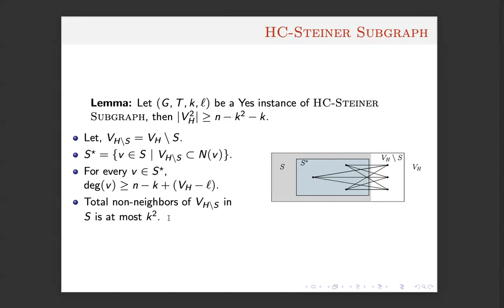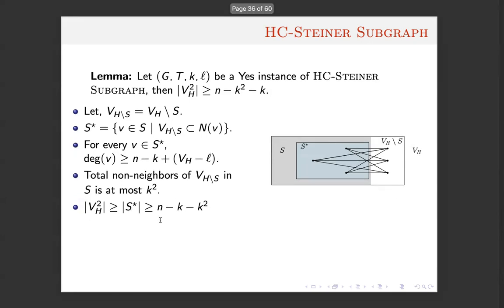So we have a total of k square non-neighbors. And as we have already shown that A star is a subset of V2H, the cardinality of V2H is greater than or equal to the cardinality of A star, which is L minus k square. So this is greater than or equal to n minus k square.